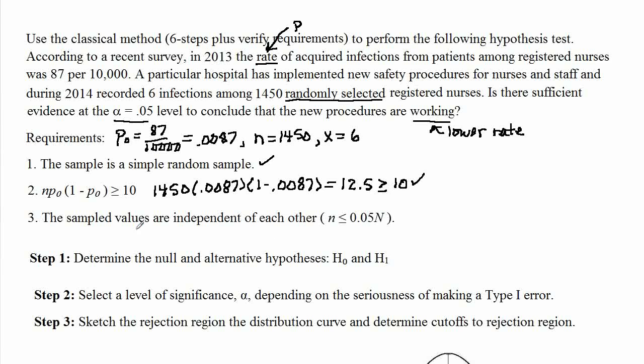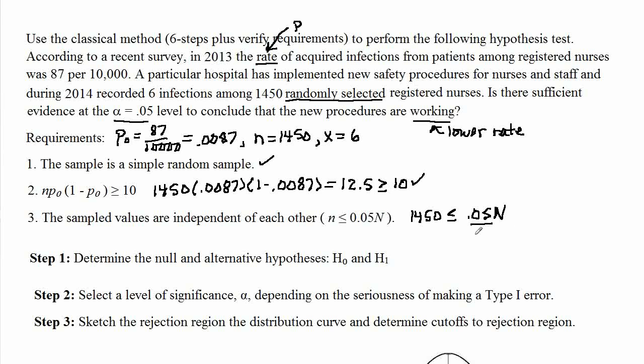And then we need our sample values to be independent of each other. That's going to happen if the sample size is less than 5% of the population. So we need that 1,450 to be less than 5% of the population. Is 1,450 less than or equal to 0.05 times our population size?